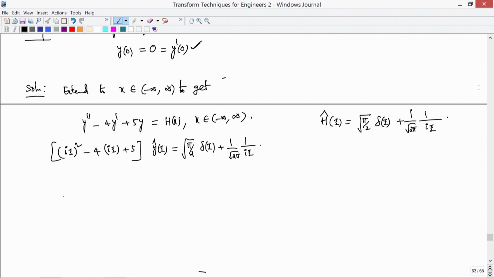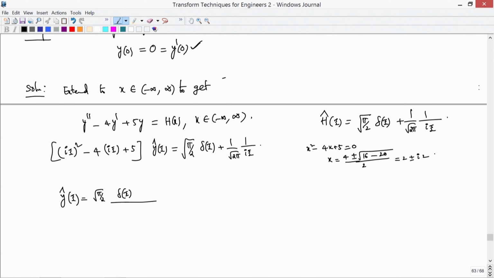So, what I get is y cap of xi is root(pi/2) times delta of xi divided by, so what is this one, x squared minus 4x plus 5. If you get the roots of this equation, you will see that the roots are x equal to 4 plus or minus square root of 16 minus 20, divided by 2, which is going to be 2 plus or minus i.